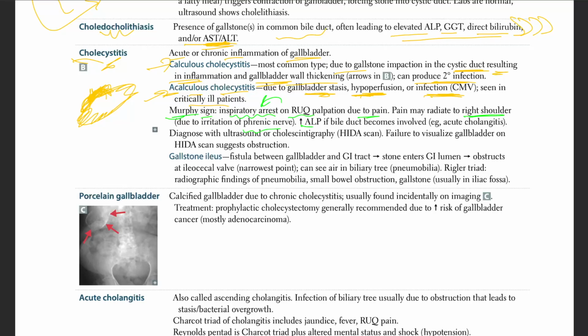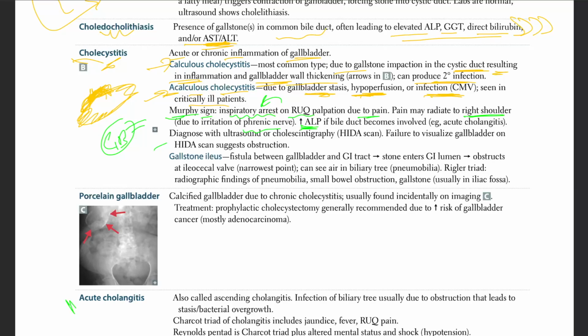Increased ALP if the bile duct becomes involved. Right here we're just thinking about the gallbladder itself, but if the bile duct gets involved, then you are looking at an increase in ALP, and that would be called acute cholangitis, which is going to come here.